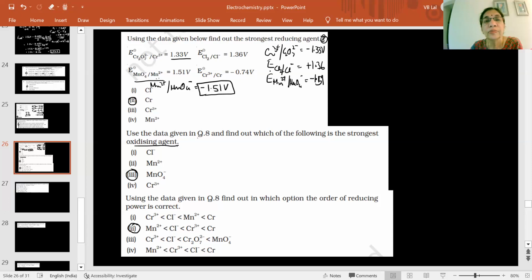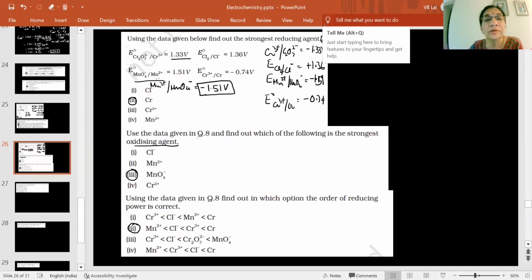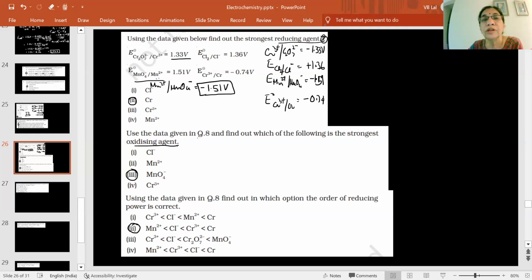So E0 Cr3+ to Cr is −0.74. All right, now all are reduction potentials. Now we have to find out the strongest reducing agent. The strongest reducing agent is the one which has the lowest reduction potential.